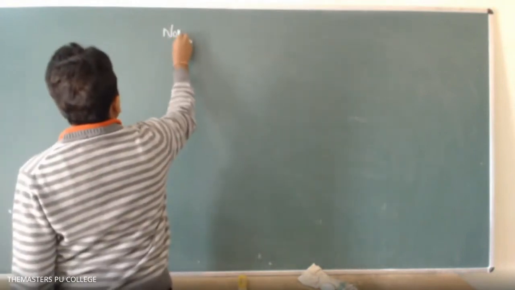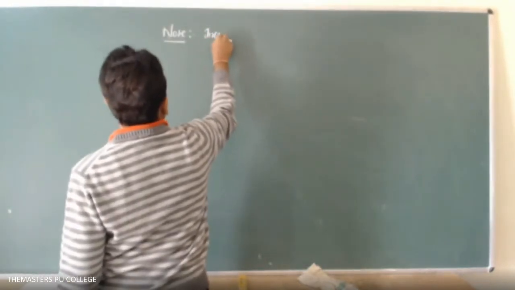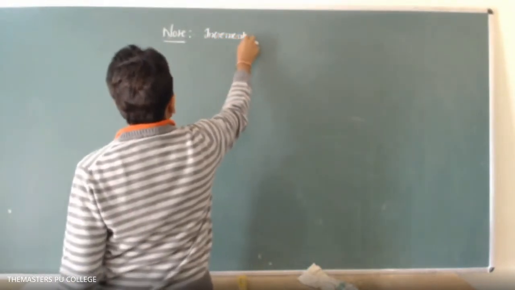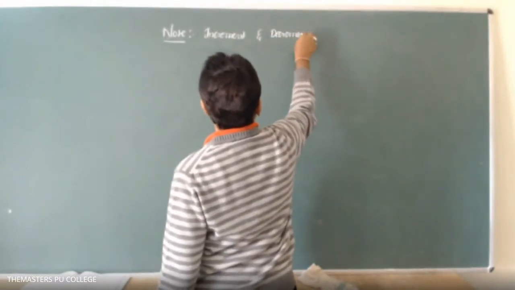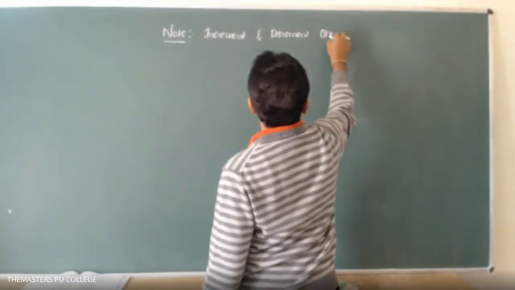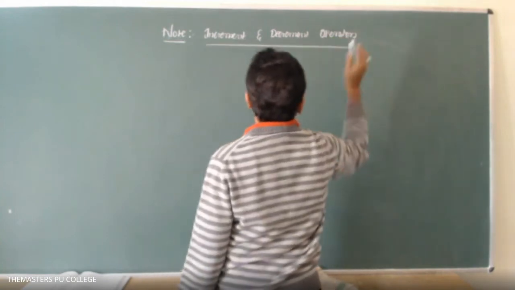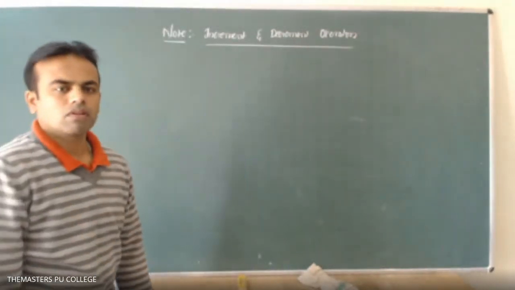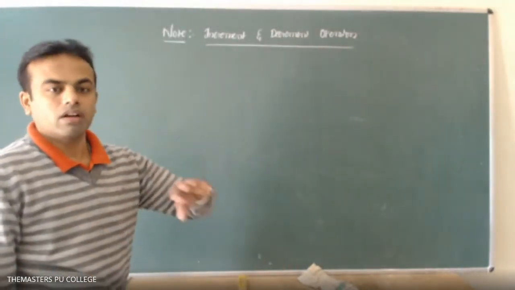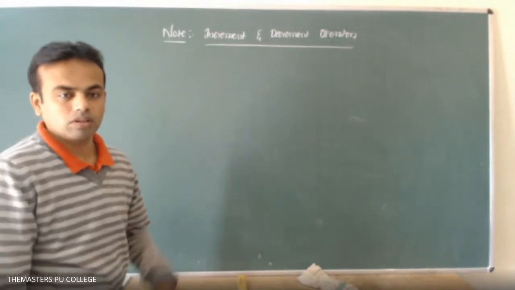Increment and decrement operators. Okay, so what do you mean by increment operator? Also, we have two types of increment as well as decrement operator, so I'll tell you about that.